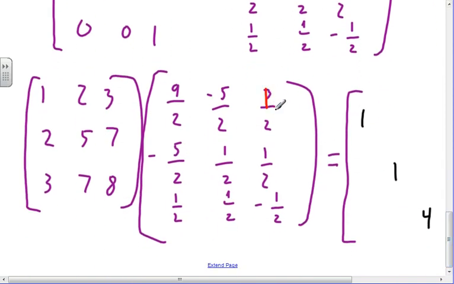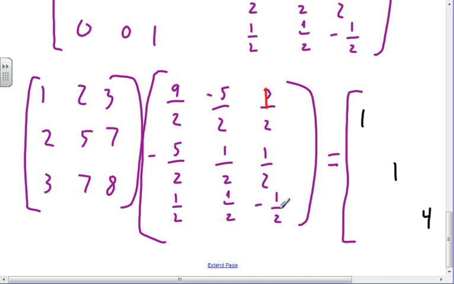Plus 1 half. And I haven't used, I used this against that, now that against this. Okay, so I got 1, 2, 1, 2, that makes that a 0.